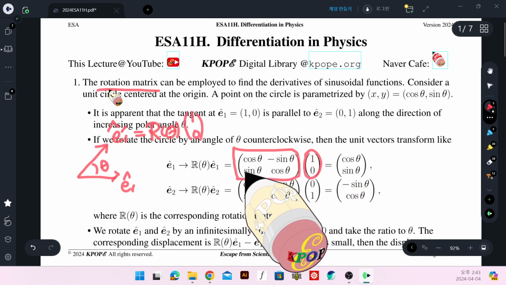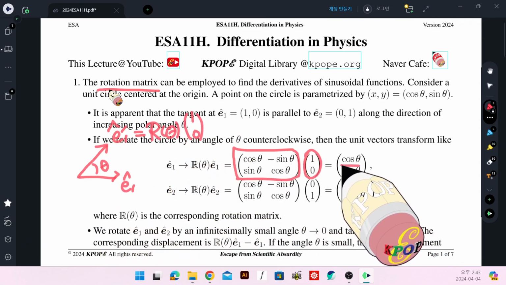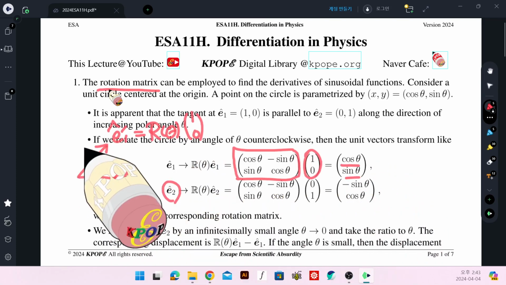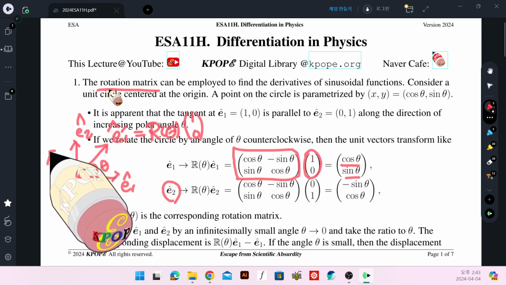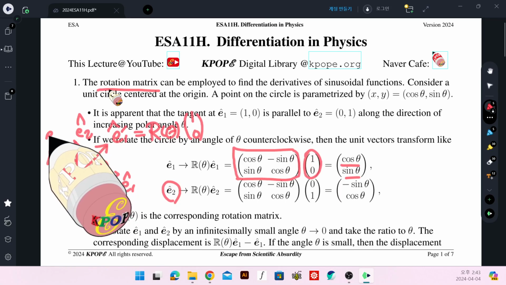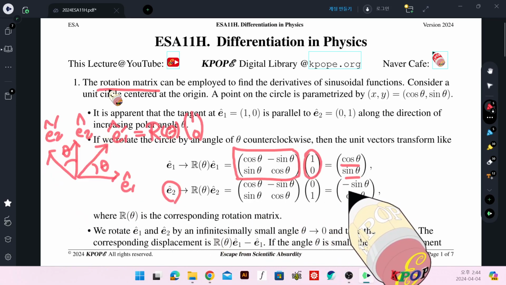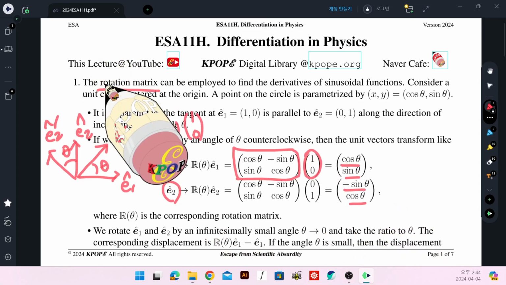After being multiplied by the rotation matrix, the coordinates are cosine theta, sine theta. In the case of E2 hat, it becomes E2 hat prime, and that has the components minus sine theta, cosine theta.